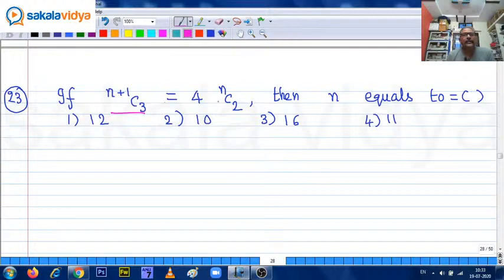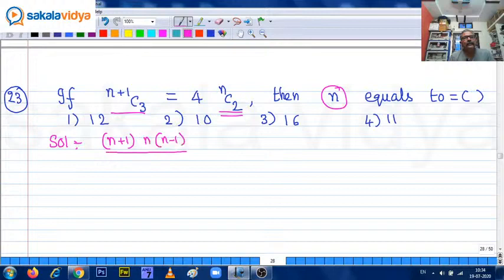N plus 1 C3 is equal to 4 times NC2. Then the value of n we need to find out. Let us see the solution. This n plus 1 C3 we can write as n plus 1 times n times n minus 1 upon 3 factorial, which is 6.